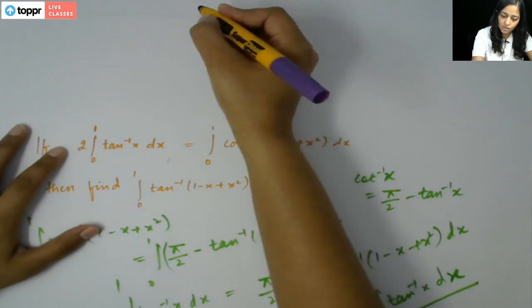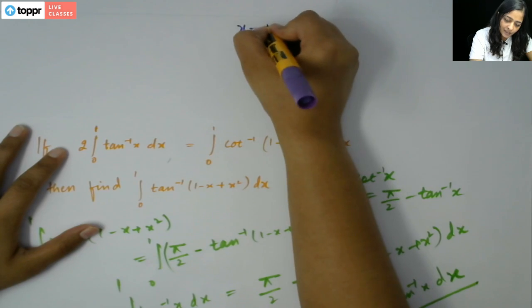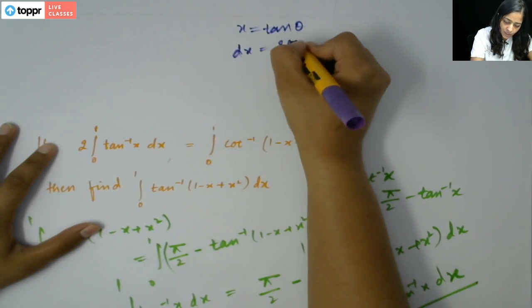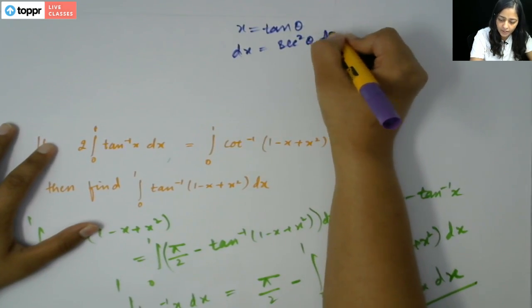So now if you substitute x to be tan theta, dx would be sec square theta d theta.